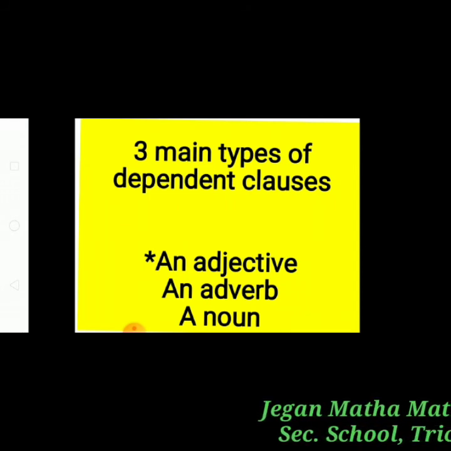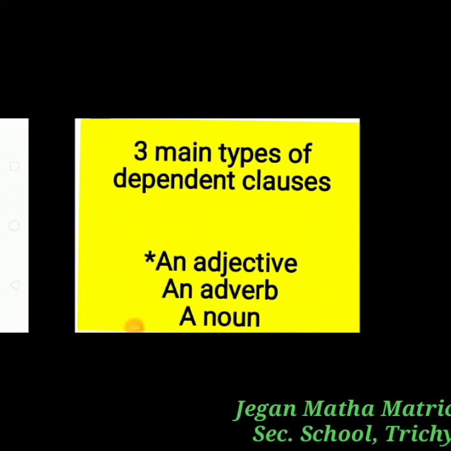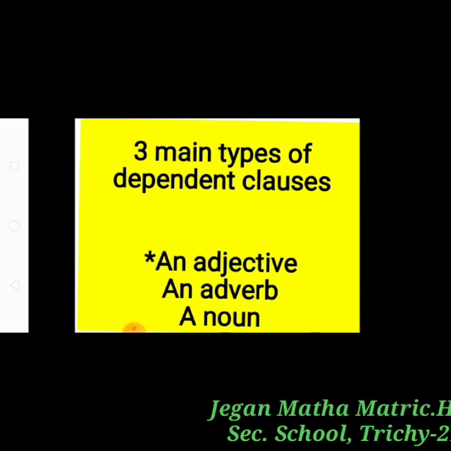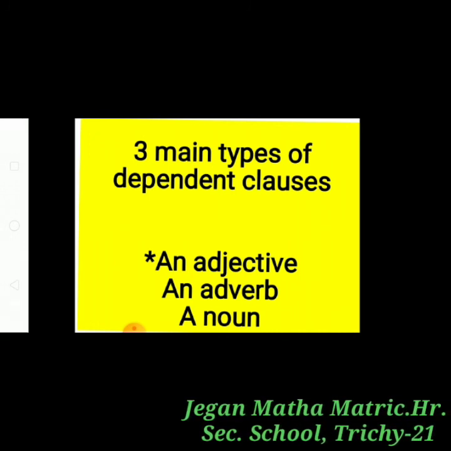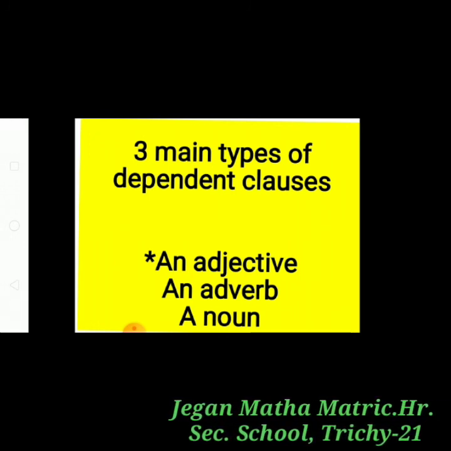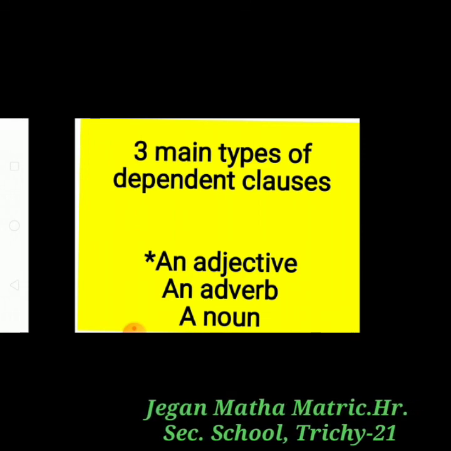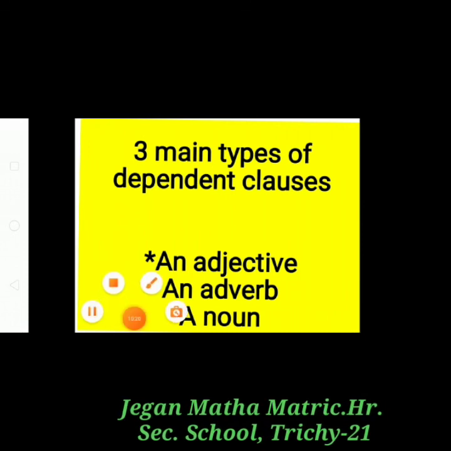An adverb clause gives more information about the verb. Example, she was happy because her father gave her a watch. A noun clause takes the place of a noun in the sentence. Example, this is the best route that I know.